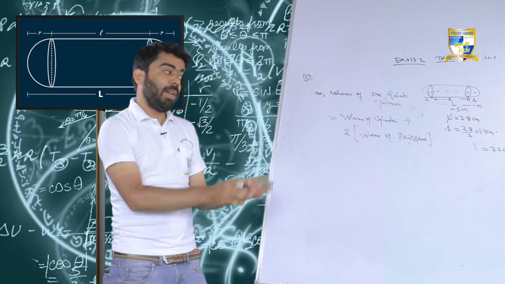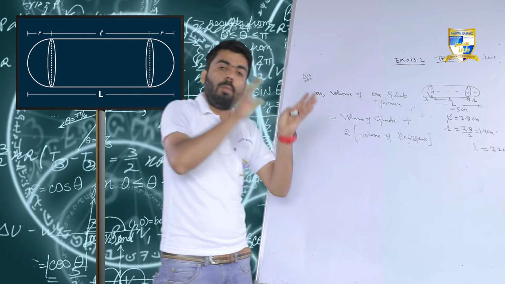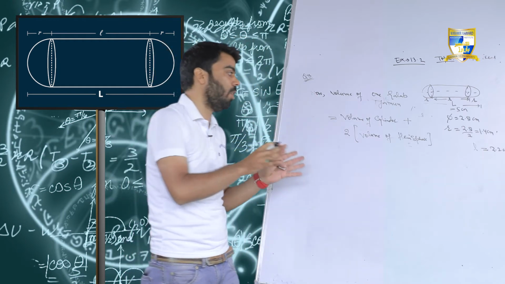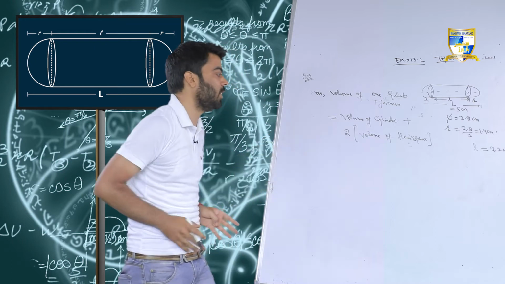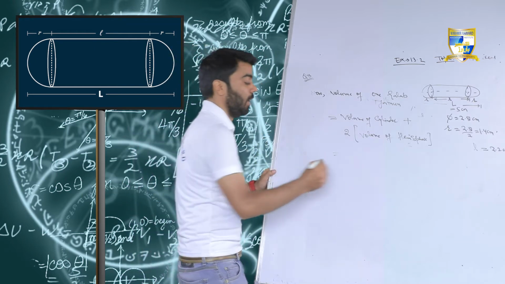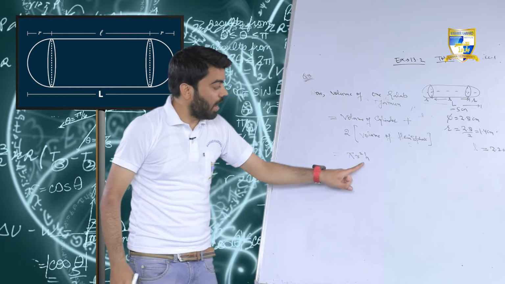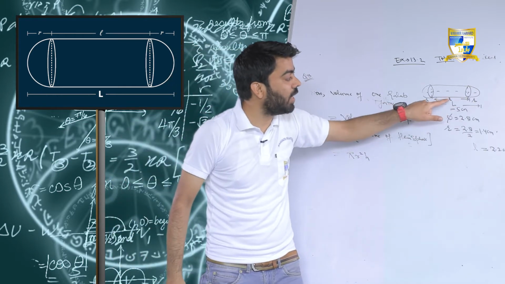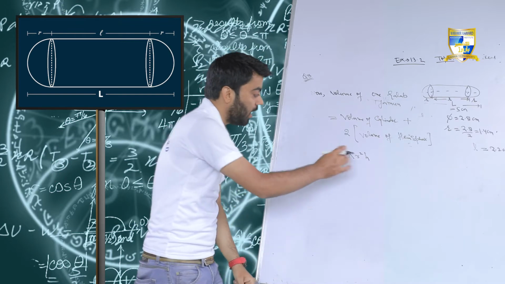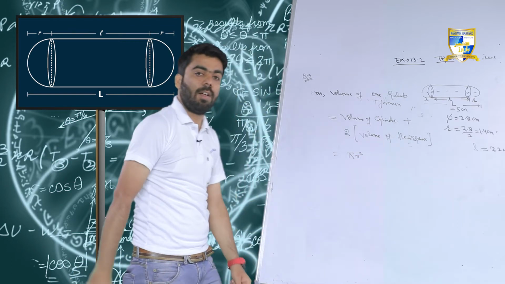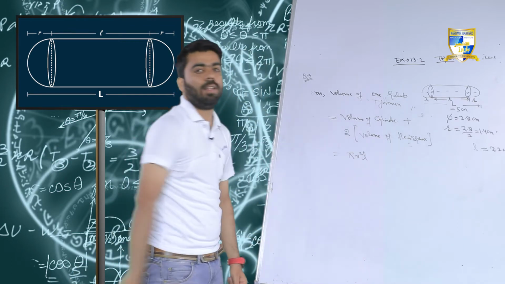At this point, we must all memorize the formulas. The volume of a cylinder is pi r square h, where h is the height, but here I will write l instead of h. So it's pi r square l plus 2 times the volume of a hemisphere. The volume of a hemisphere is 2 by 3 pi r cube. Clear?